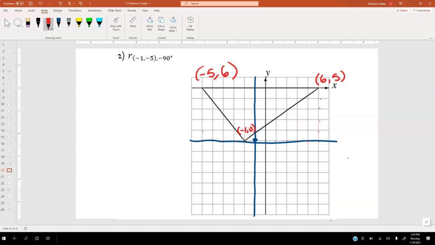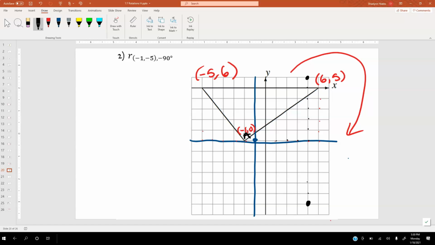All right, so now we're going to rotate everything -90 degrees, which means we're taking everything and rotating it that way. Okay, so this means that instead of (-5, 6), it'll be (5, 6). This one will now be at (5, -6).